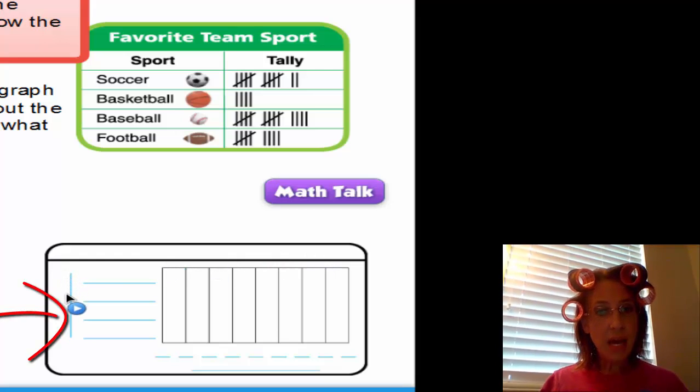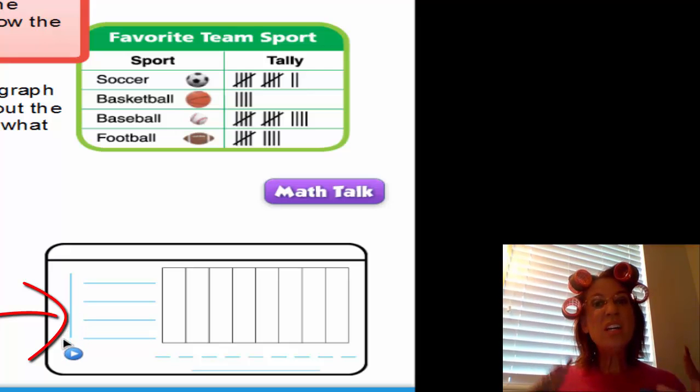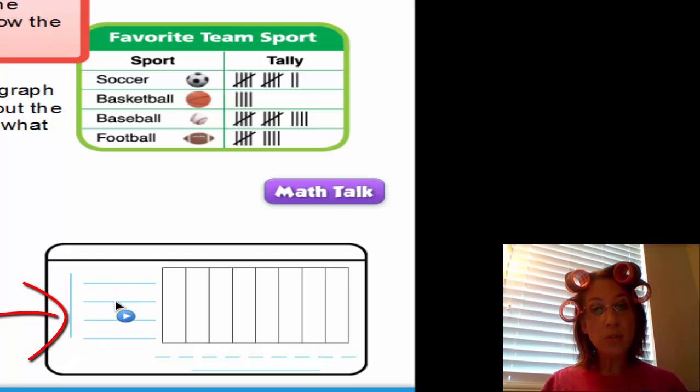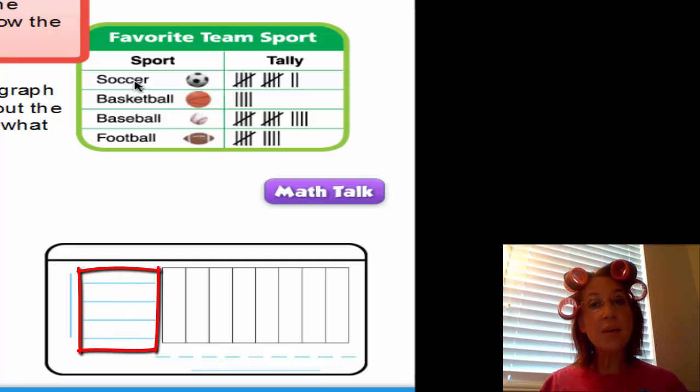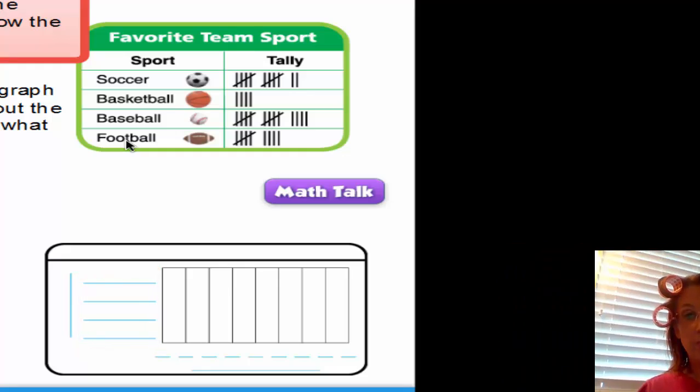Here on this sideways line, we're going to write the group name of what these other options are. And we can look right here and see that they are sports. So we're going to write sports right here on the side to show what these groups are. And then on these lines, we're going to label the different sports. Soccer, basketball, baseball, and football.